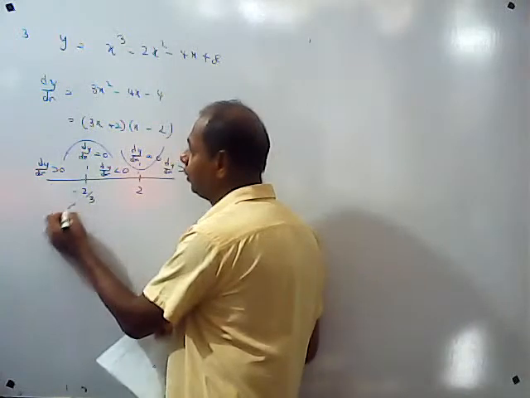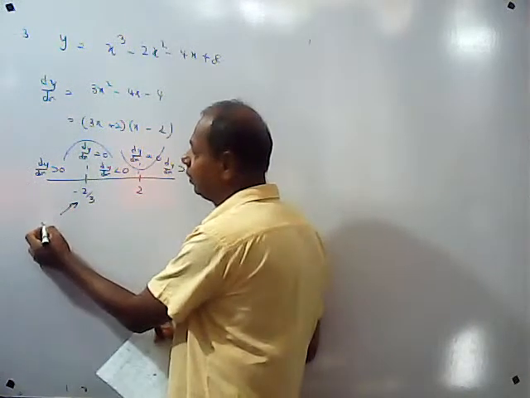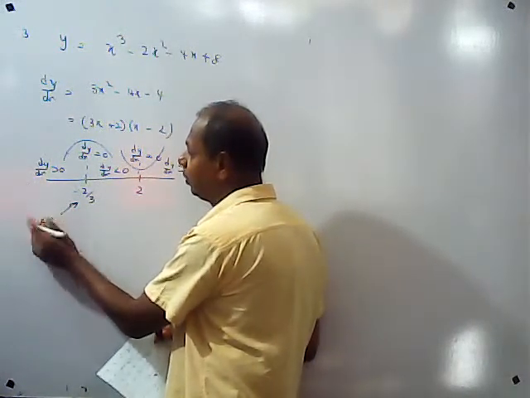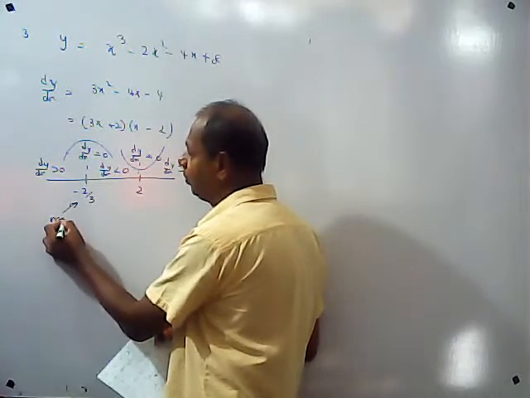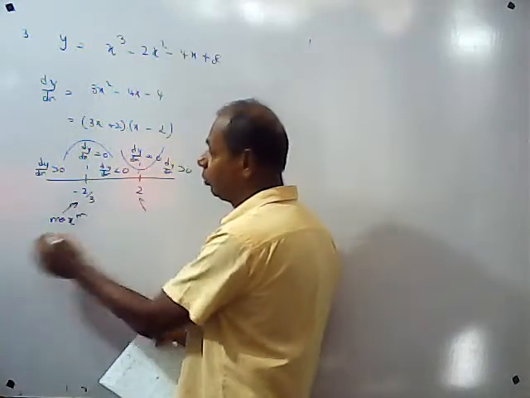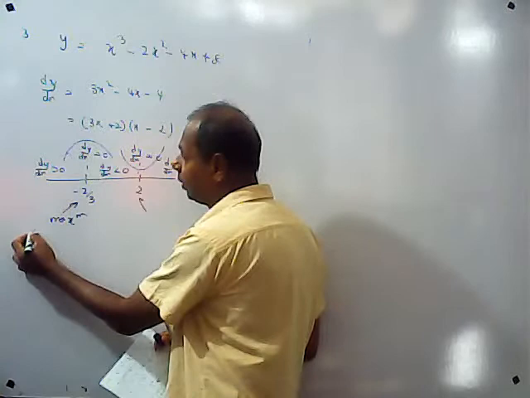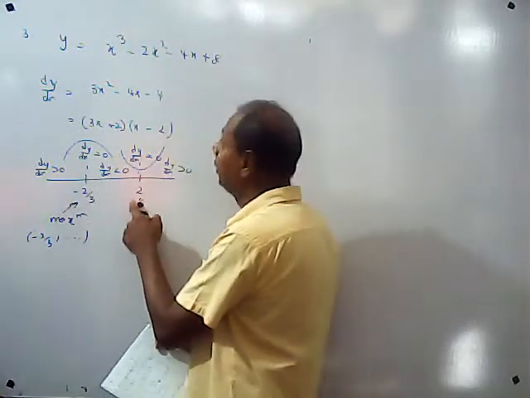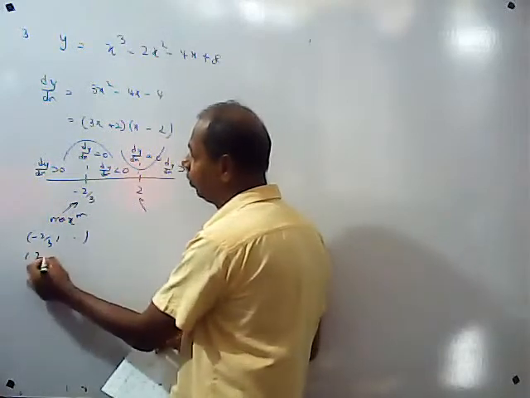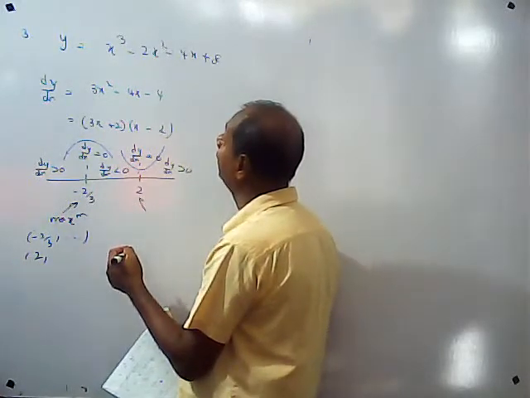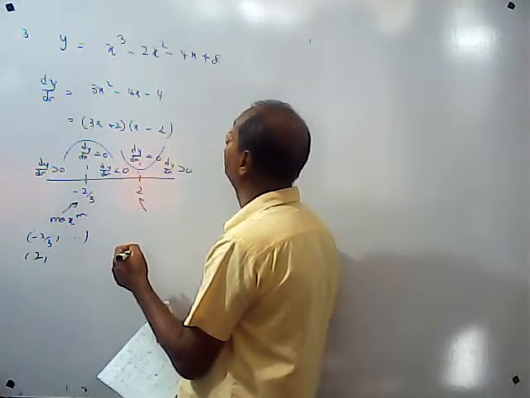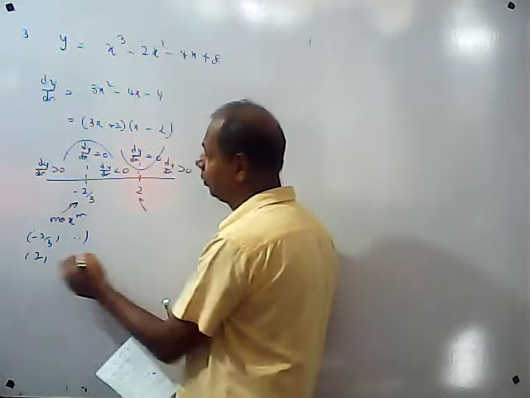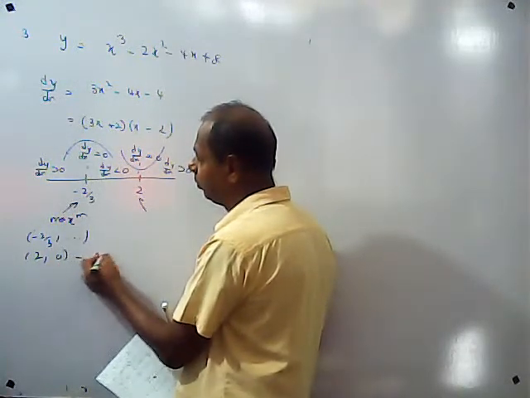I'll write the y values briefly. This is a local maximum, right? You have to give the point: minus 2/3 and the y value is the local maximum. Then when x is 2, y will be 0. 2 and 0, a local minimum.